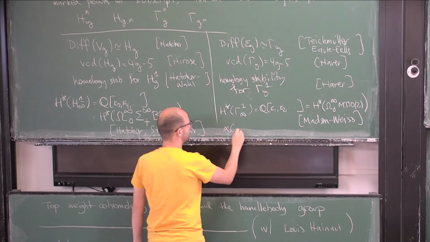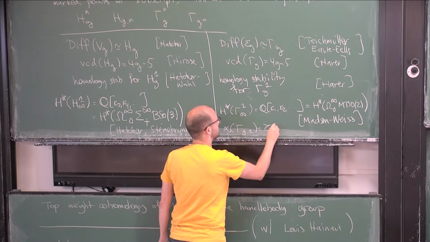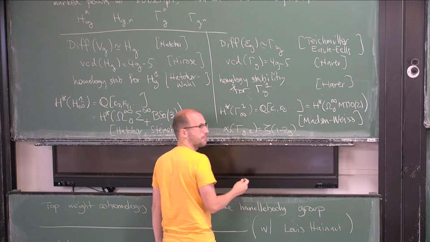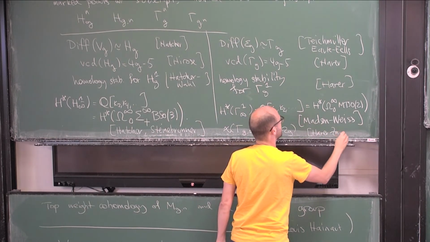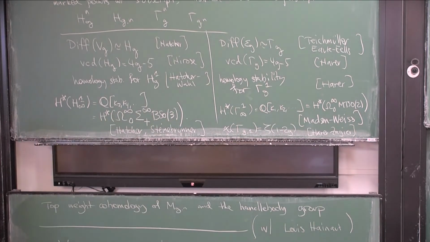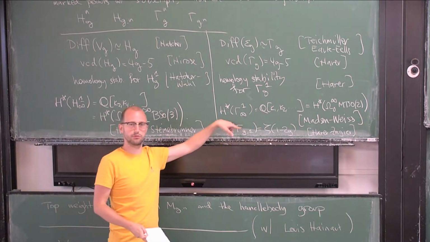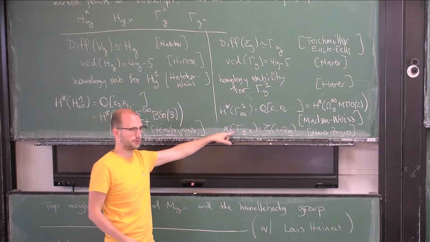The Euler characteristic of Gamma_g is due to Harer and Zagier. We heard about this in Michael Borinsky's talk. The Euler characteristic is asymptotically proportional to the orbifold Euler characteristic.